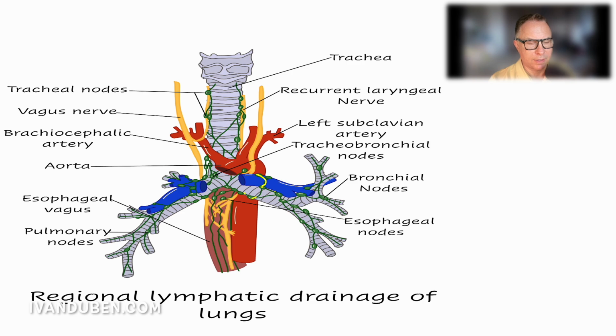We also have esophageal nodes located here at the bifurcation of the bronchi. And of course we have the vagus nerves, left and right vagus nerves coming down to blend into the mediastinum.